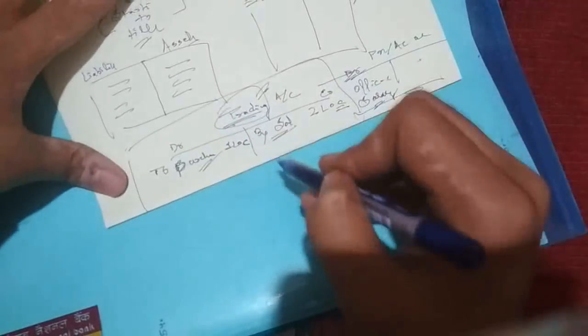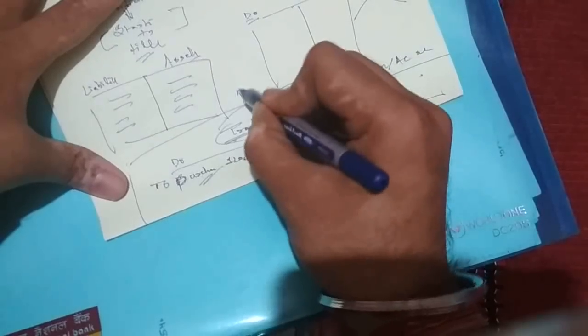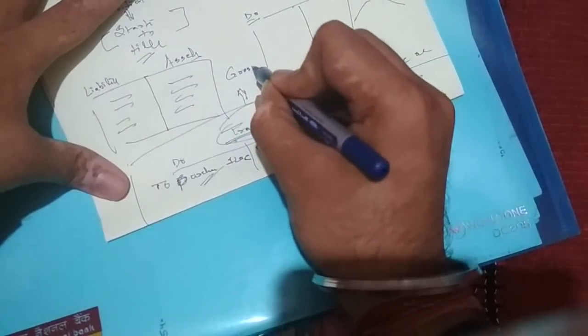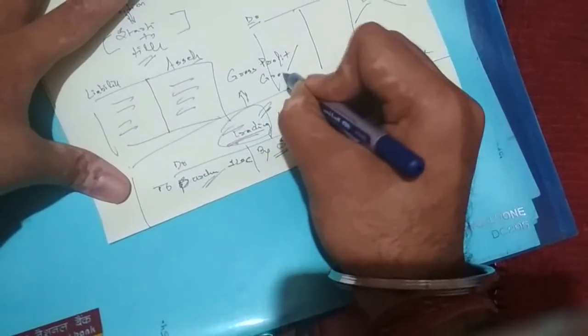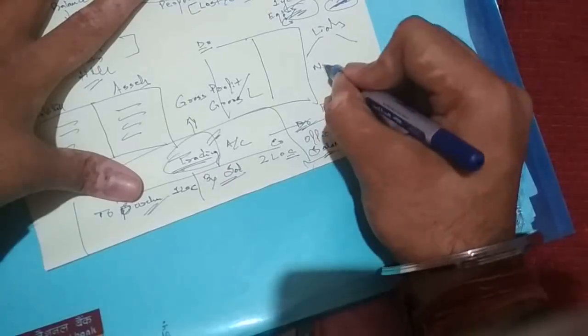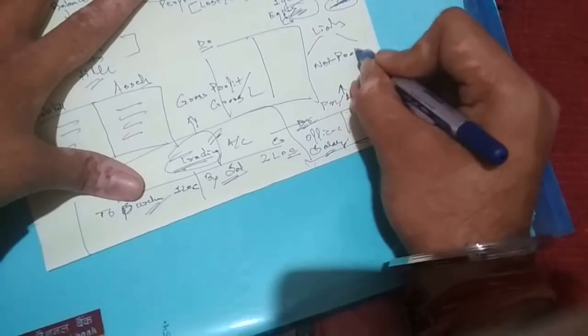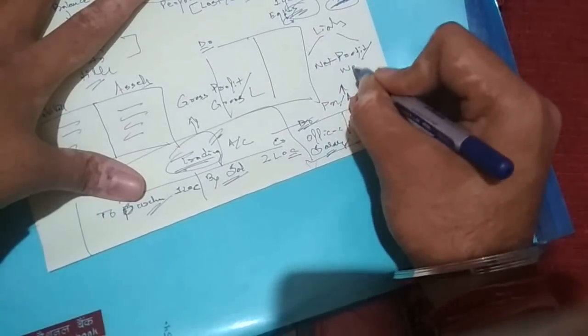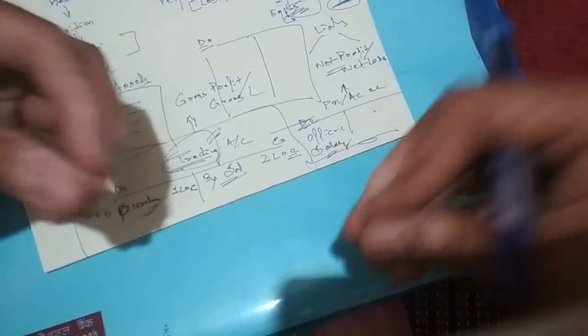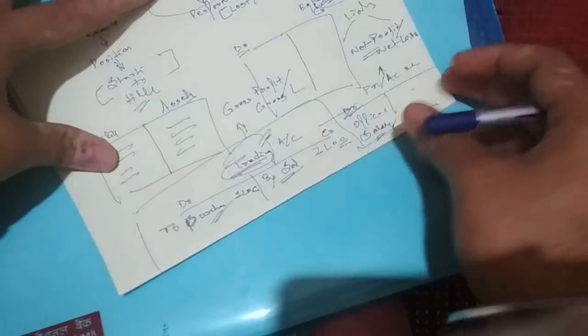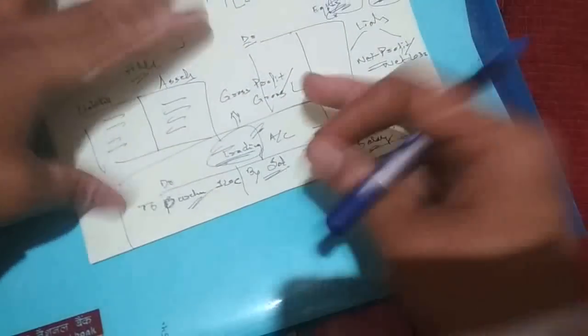From every trading account we find gross profit or gross loss, but in the profit and loss account we find net profit or net loss. Why net? Because we are taking everything into concern when we are making the profit and loss account.